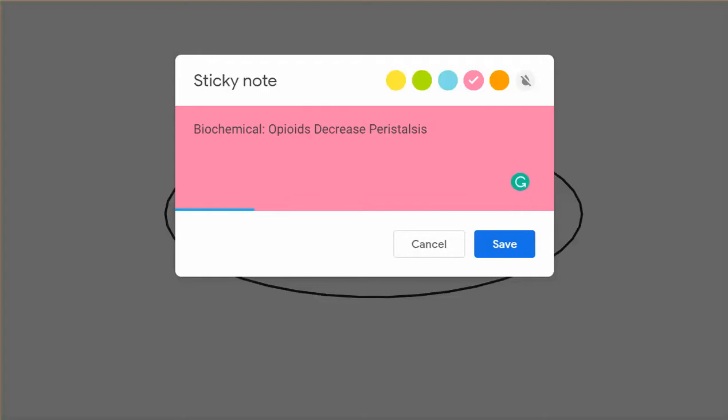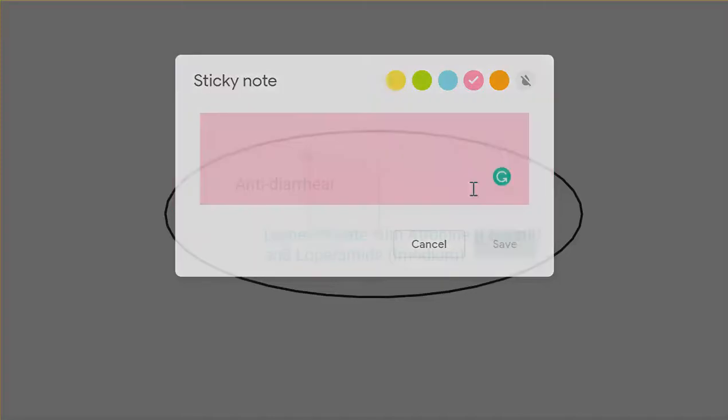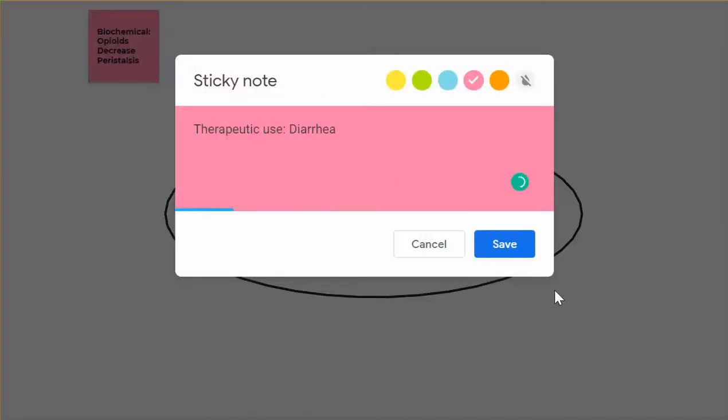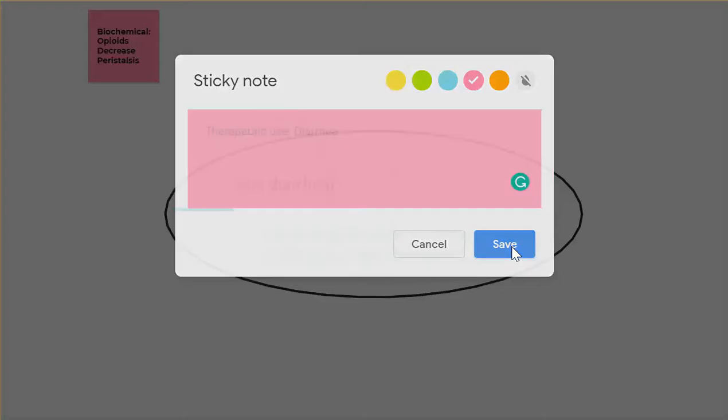So these are antidiarrheals, very, very mild opioids, decreasing intestinal peristalsis, which in turn helps it kind of slow down so that it's not watery and frequent. Therefore, the therapeutic use is for diarrhea.